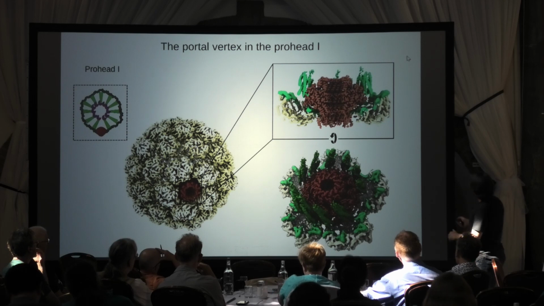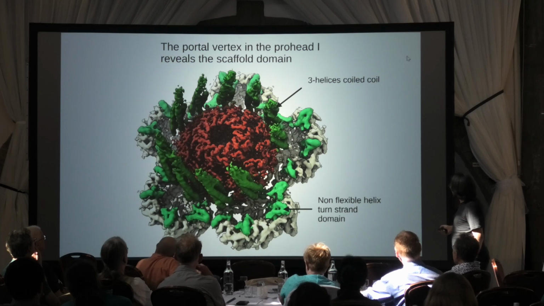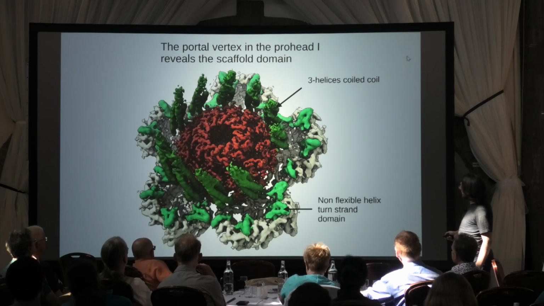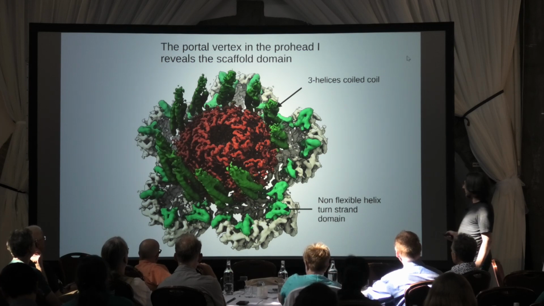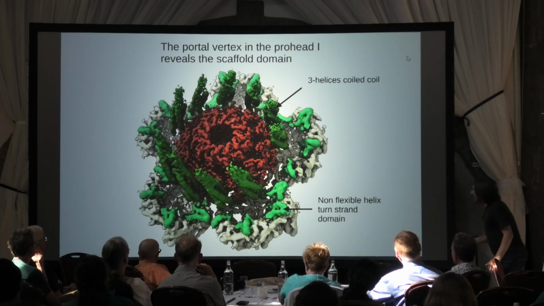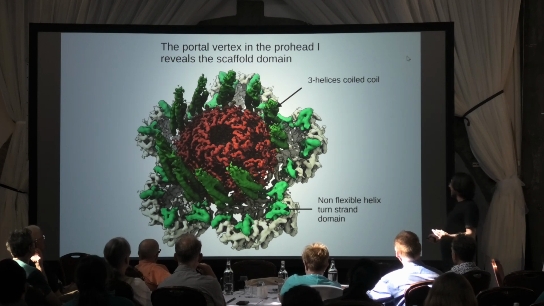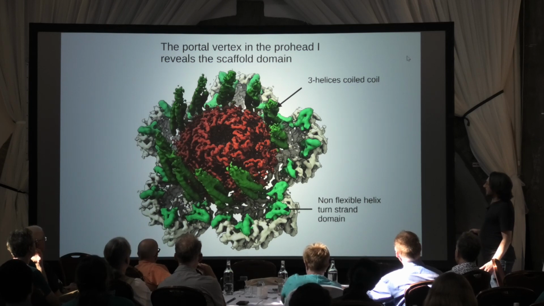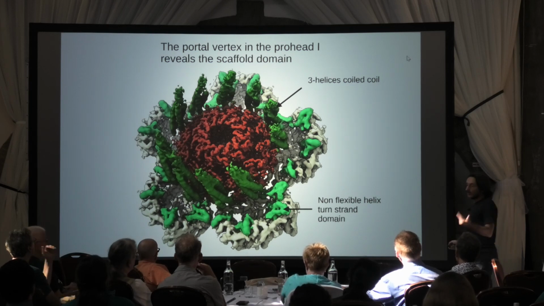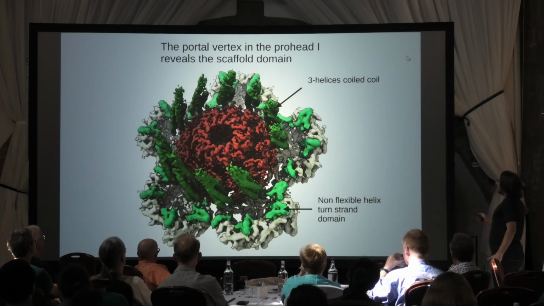If you want to look at how it works more carefully and in detail, every single coil here originates at one capsomer. There are 5 capsomers around the portal. And from every single capsomer there are 2 coils of 3 helices each, which means that every single helix of the coil originates from one subunit of the major capsid protein.